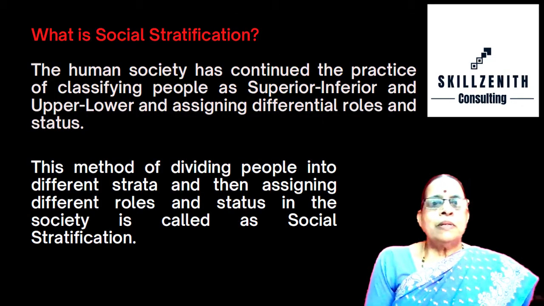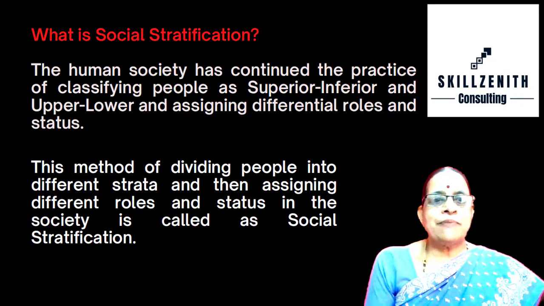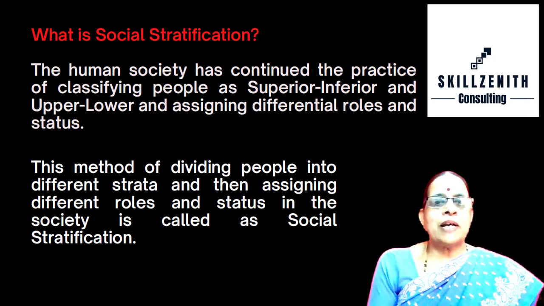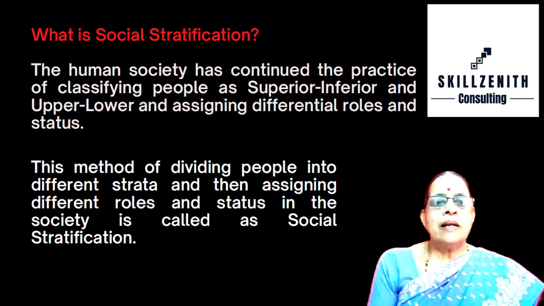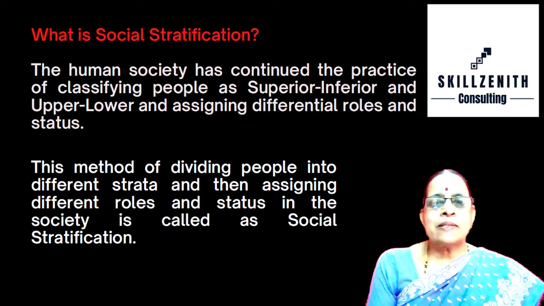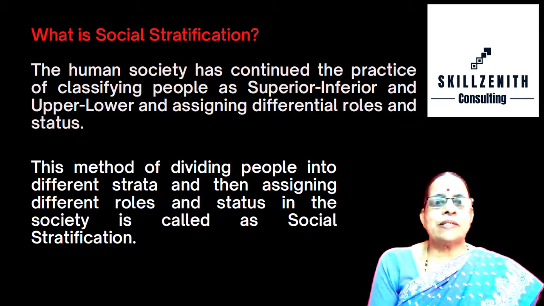Now, let us know the meaning of social stratification. The human society has continued the practice of classifying people as superior and inferior, upper and lower, and assigning different roles and status.